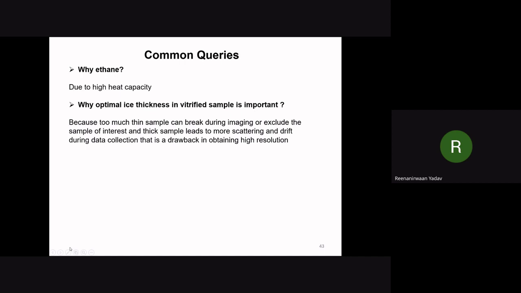Instead of boiling, the ethane transfers that heat away from the grid, and that generally leads to the vitrification of our sample. In the case of nitrogen, it has a very low heat capacity, which makes it boil very early, by getting a little bit of heat.